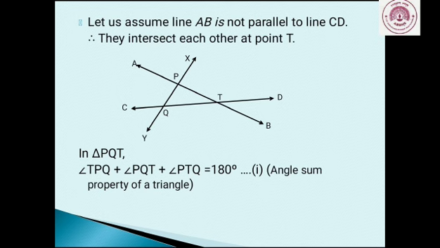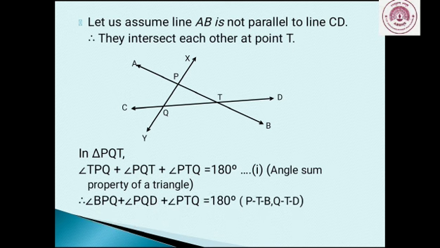Substituting these values of angle TPQ and angle PQT in equation number 1, we get angle BPQ plus angle PQD plus angle PTQ is equal to 180 degrees. Reason: P-T-B, that is points P, T, B are collinear points, and Q-T-D, that is points Q, T, D are collinear points.